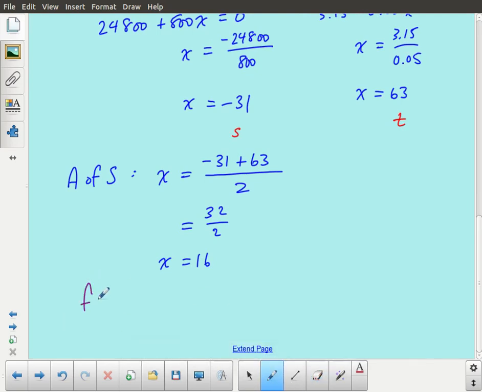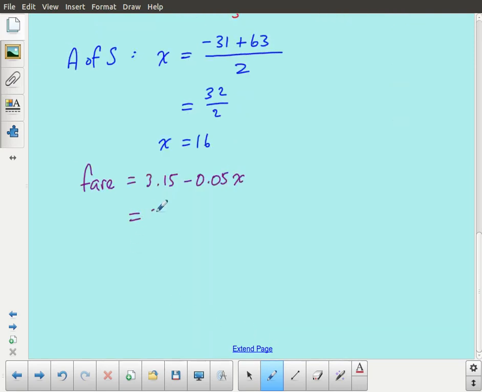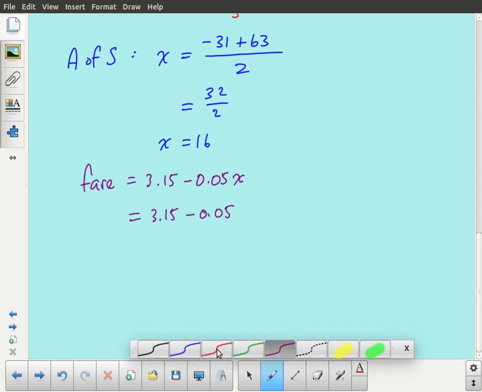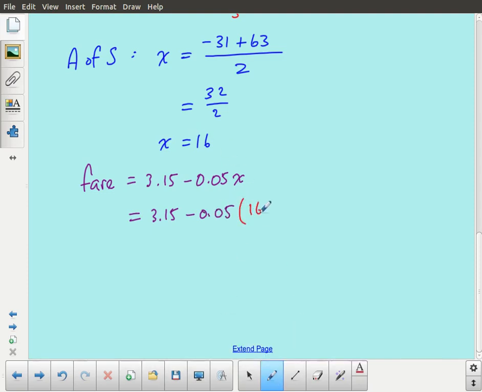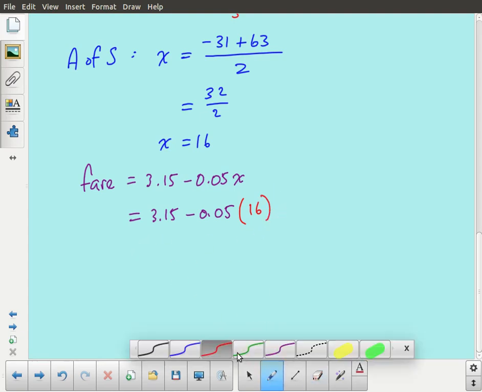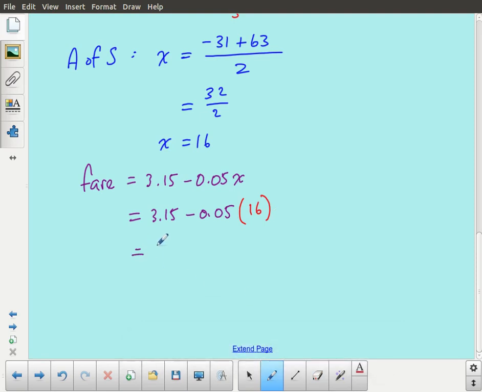So now I'm not actually interested in r. I'm interested in the fare, which is equal to 3.15 minus 0.05x, which is equal to 3.15 minus 0.05, and then I put in 16. So that is 3.15 minus, and then 0.05 times 16 equals 0.8.